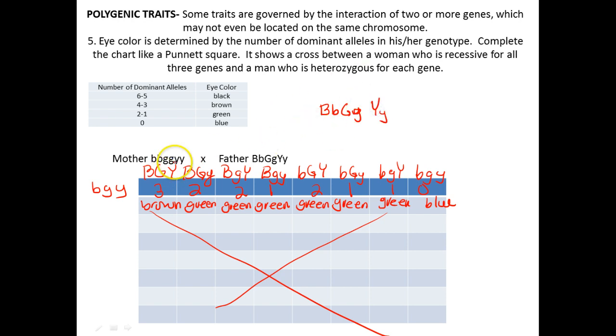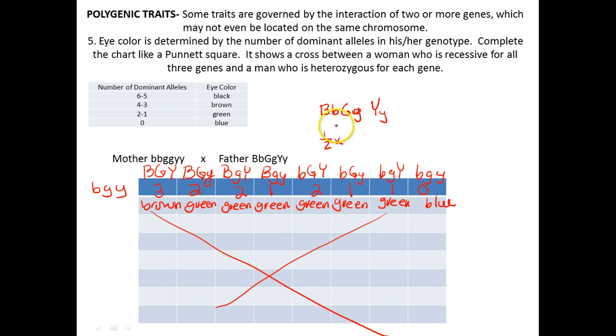The mother is 1, and the father is a half, so 1 times a half is a half chance to be heterozygous.